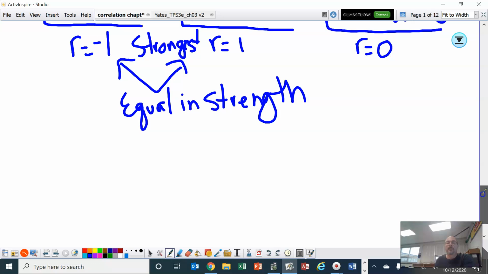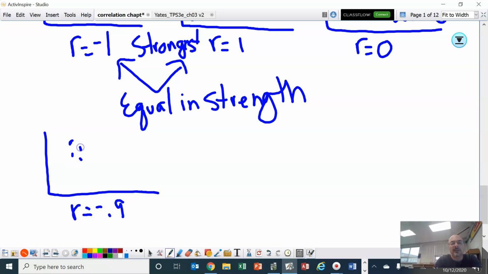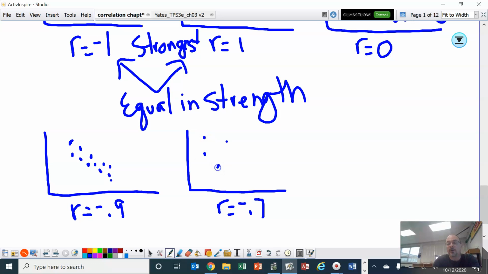Now, just some general idea here: if I had R equals -0.9, that means the dots are going down and they're pretty close together. Compared to R equals -0.7, the dots are going to be a little further apart. As they get further apart, they get closer and closer to 0.